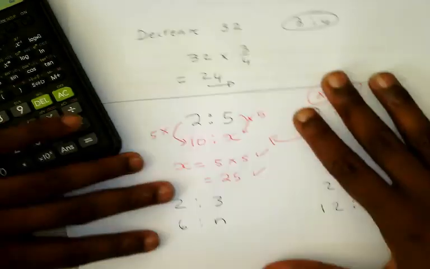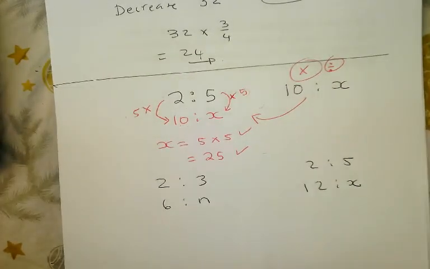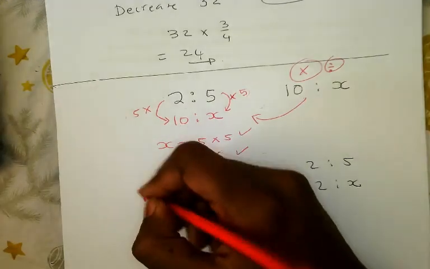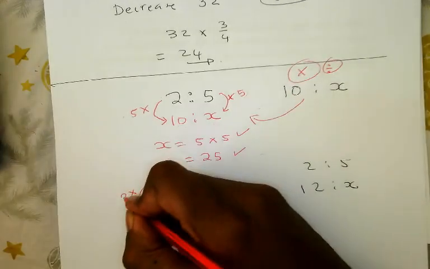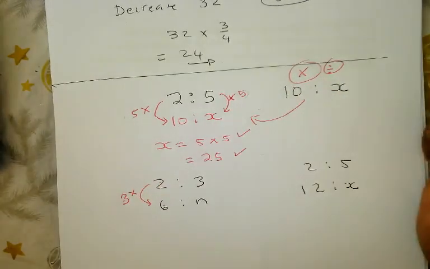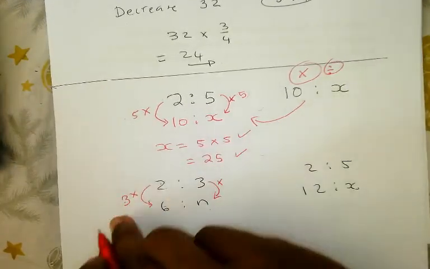So look here. From here, we're multiplying by what? By 3. 3 times 2 will give you a 6. So if I'm looking for this missing value, I need to multiply by the same number. So n will be 3 multiplied by 3, which is 9.